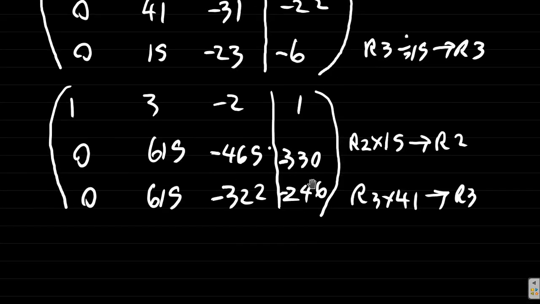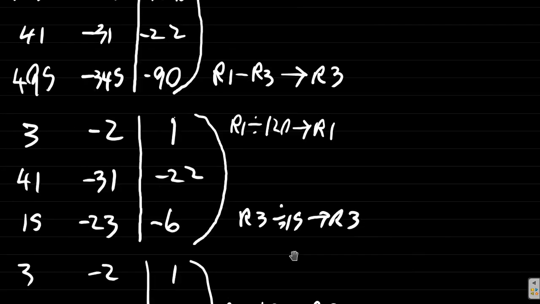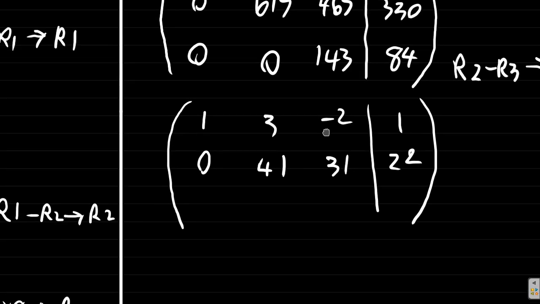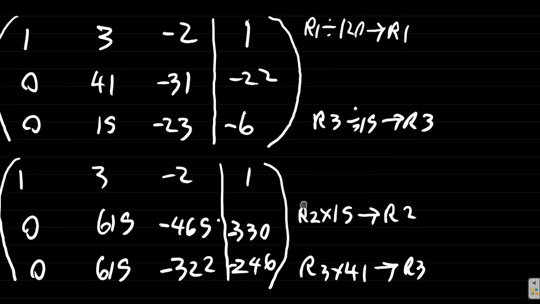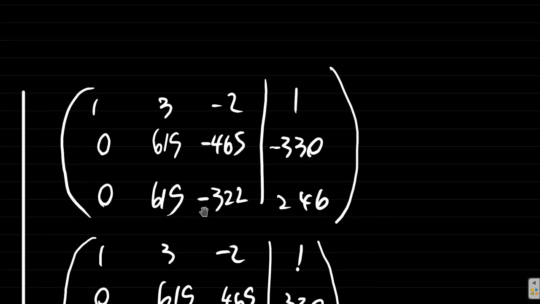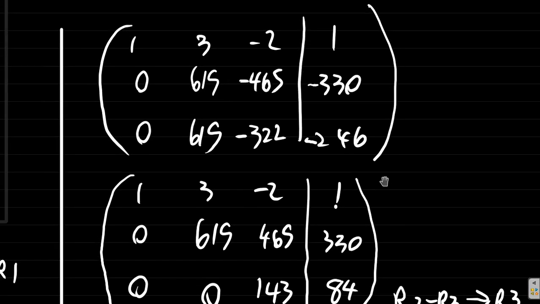It's a negative here. 615, negative 322. Negative 246. This 246 should be negative. All right. So let's see what happened now.